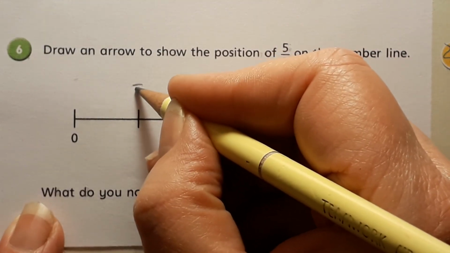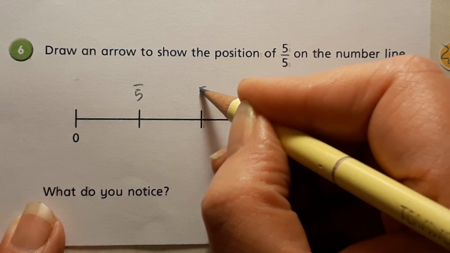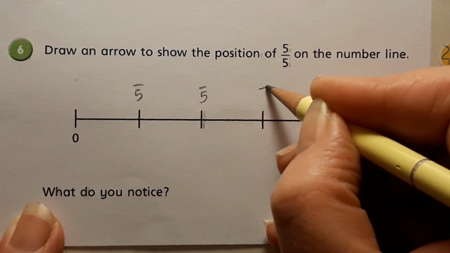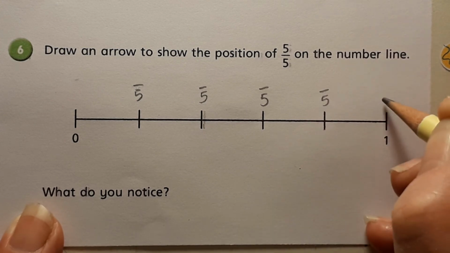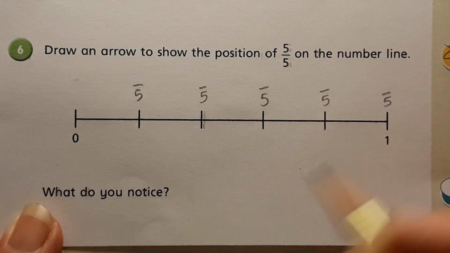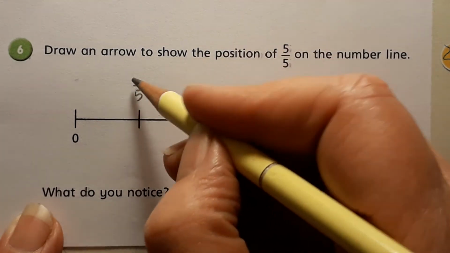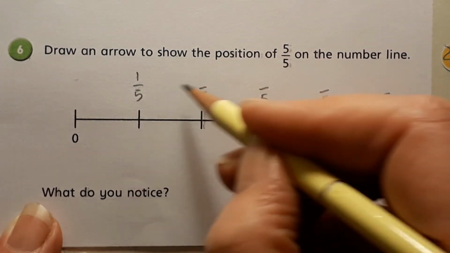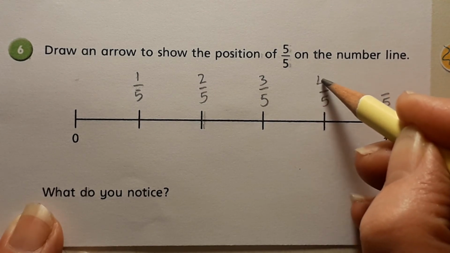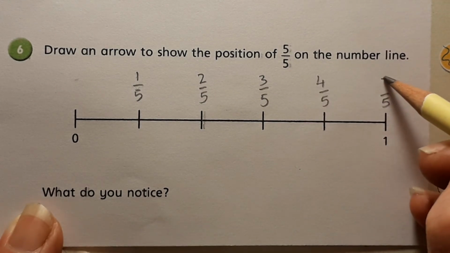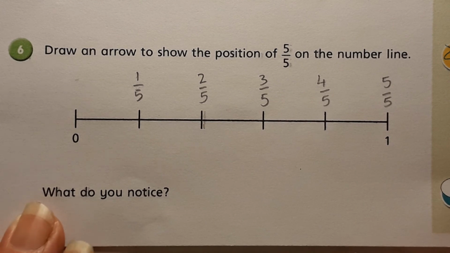So if I put out of fifths, because they're all out of fifths, this first part would be 1/5, 2/5, 3/5, 4/5, 5/5.